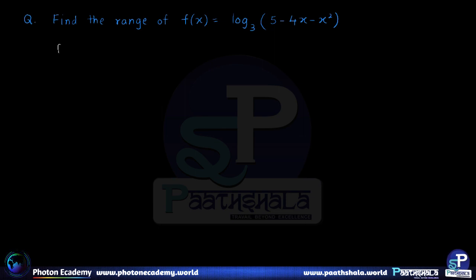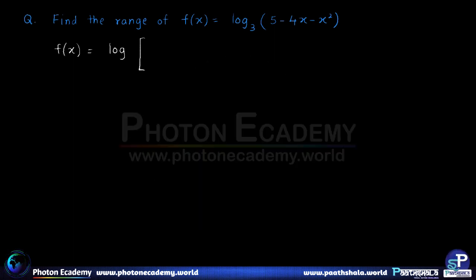Let us write the expression of the function. Here we can complete the square in the given quadratic expression, right? To do that, let us collect the terms so that the quadratic term is positive.